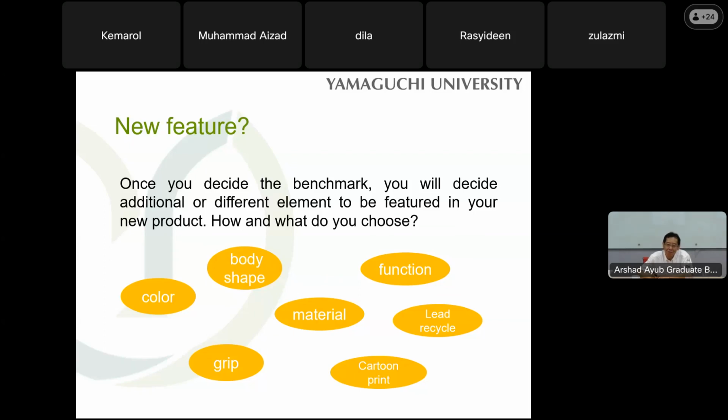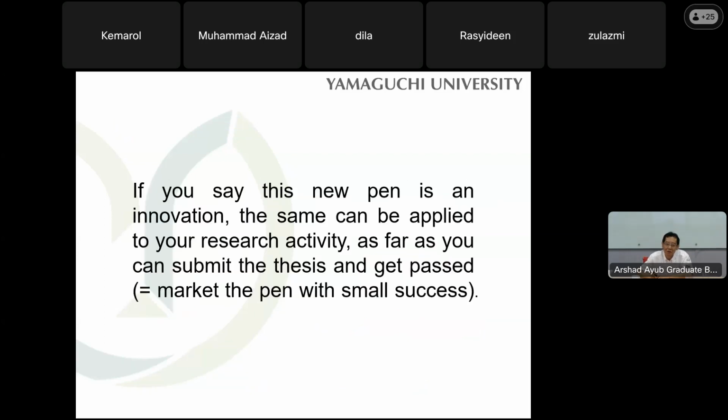So hopefully, some of you will feel familiar with writing a thesis itself or doing a research project. And if you say this new pen that you market as a product manager is an innovation, the same can be true of your research activity.